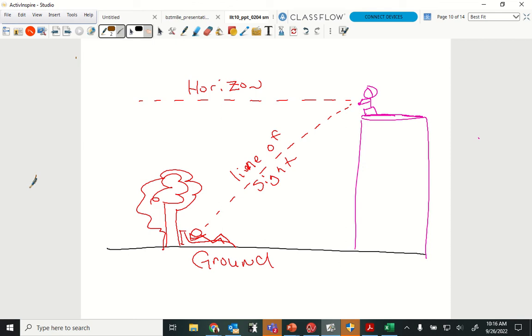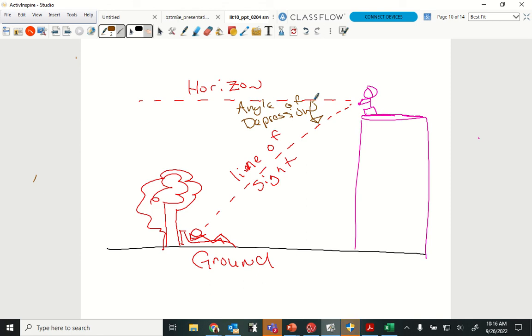And so because he's up here looking down on Denny, this is my angle of depression. That's the angle of depression. It's from the top down.